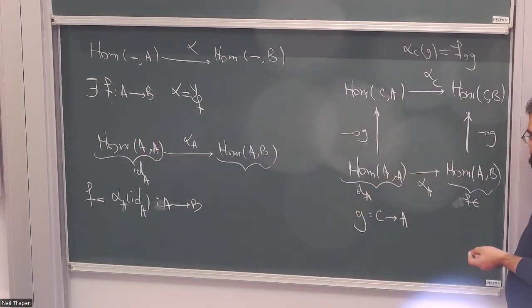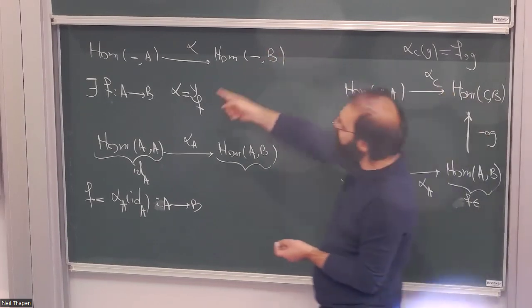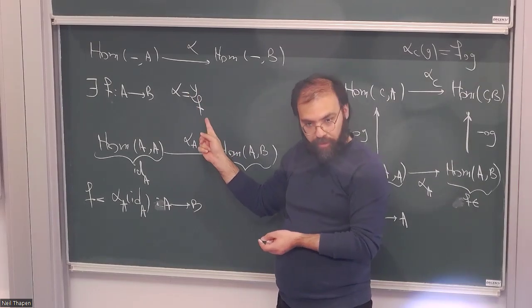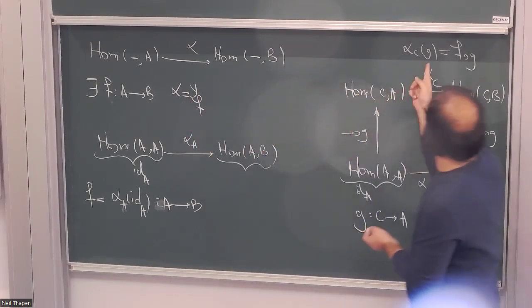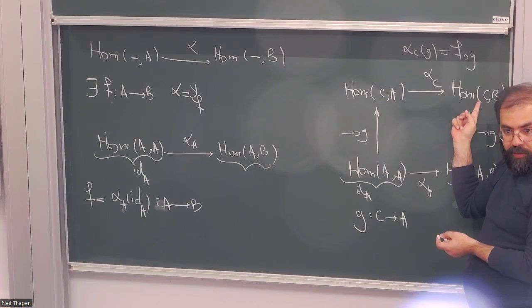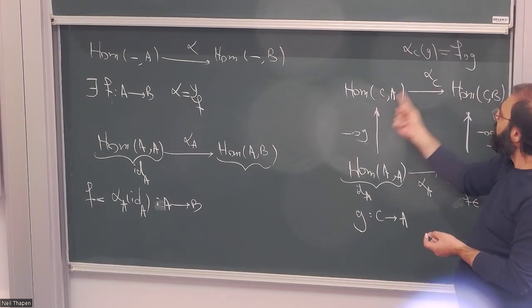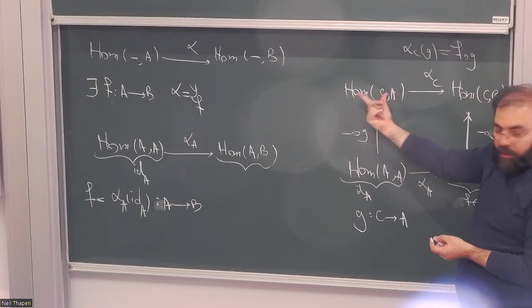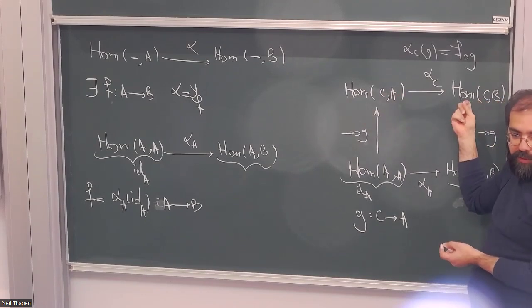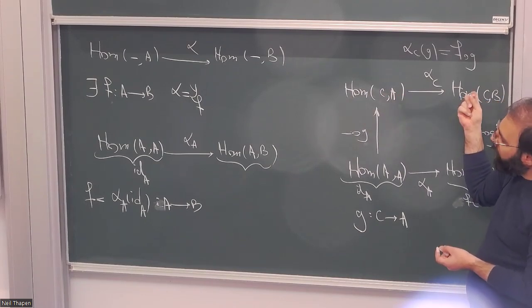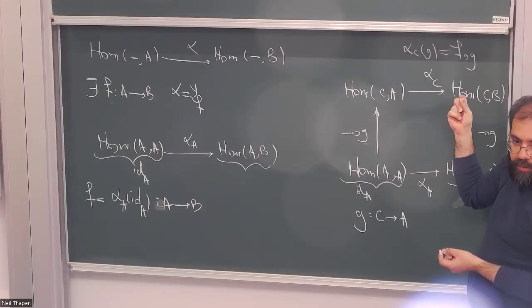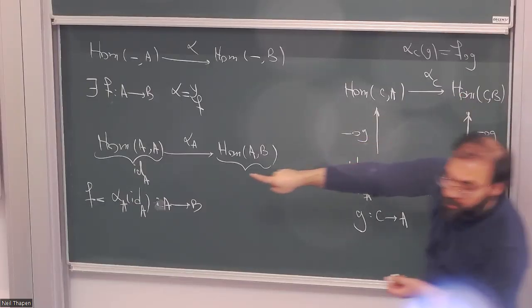And what have you shown? I showed that any alpha is y of some f, meaning that if you compute alpha C for any C, as a function, it is just composition with some f. You read something here, you compose it with a map from A to B. What is this? Well, you're explaining notation y. Yes. What is the y?